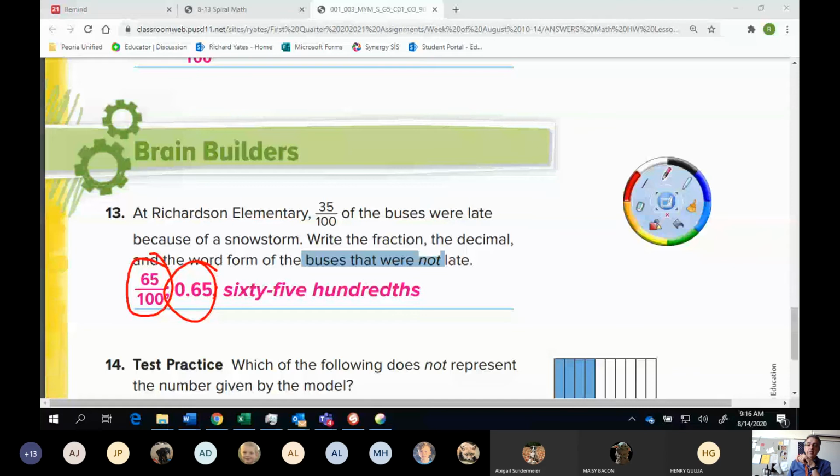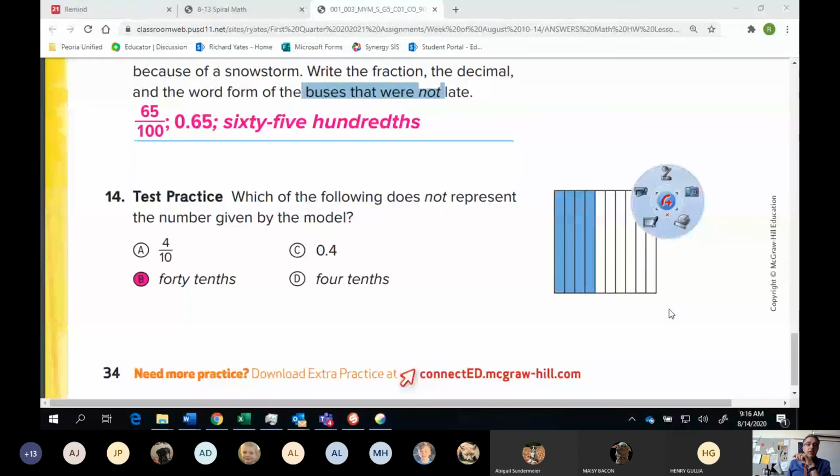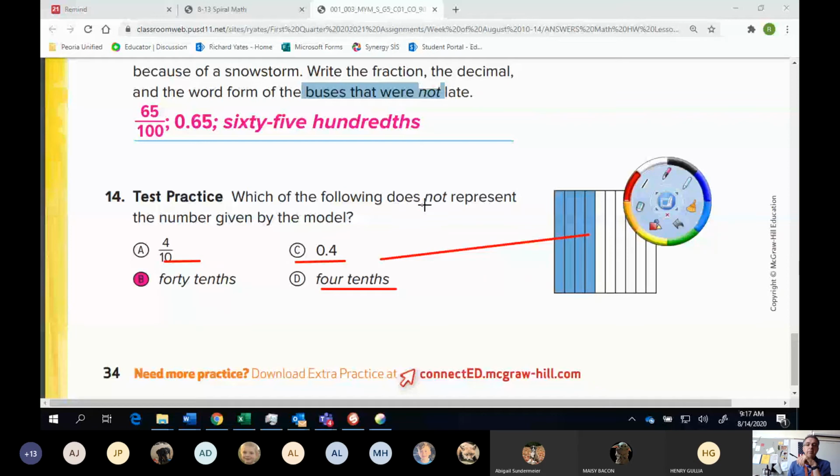All right. Test practice. Which of the following does not represent the number given by the model? And this is again where they try to trick you. All of these other ones here exactly match the model. They all show 4/10, but again, they're trying to trick you here because they said the words does not represent.